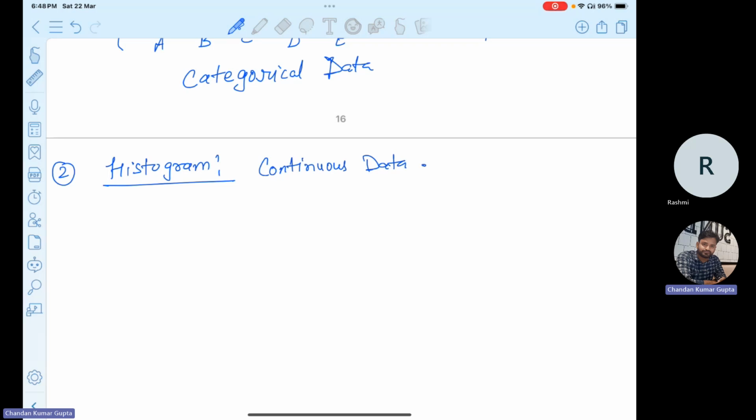Also, this histogram shows the distribution of the data, like how the data is distributed. Let me plot the histogram and then we will discuss. It shows the distribution of data.